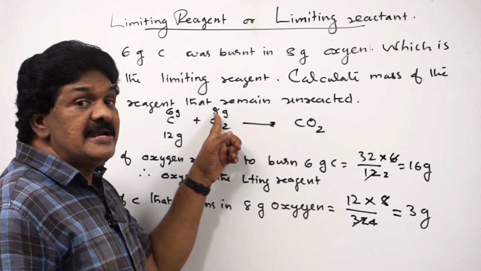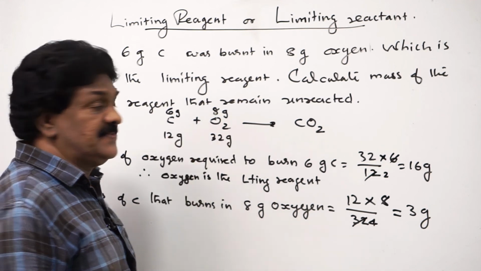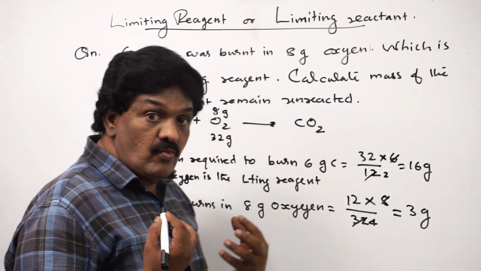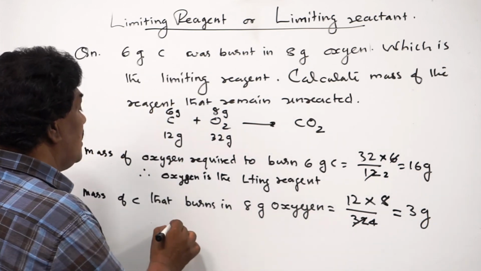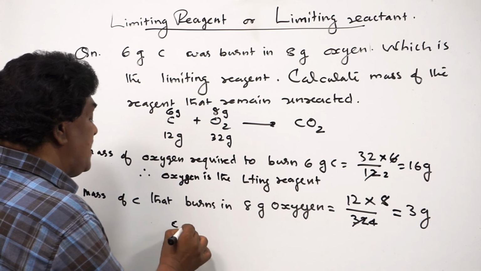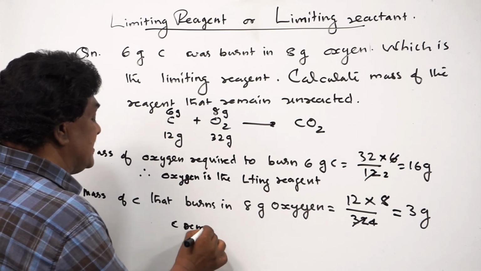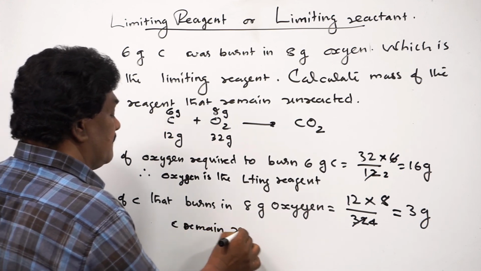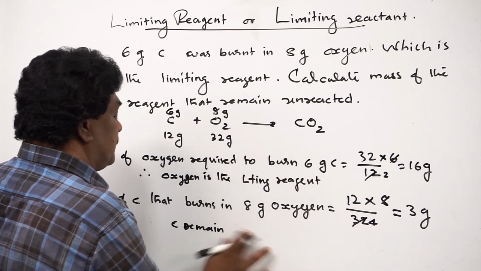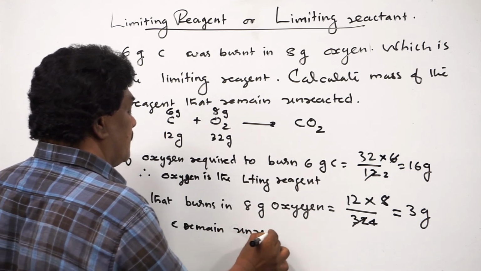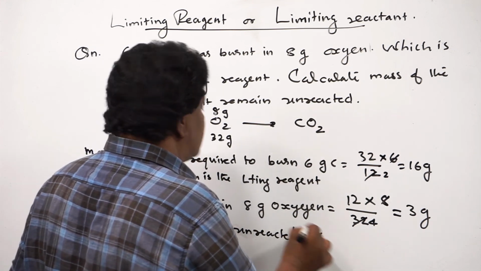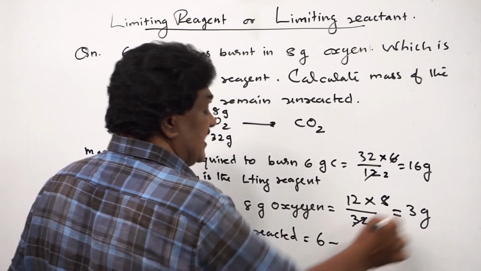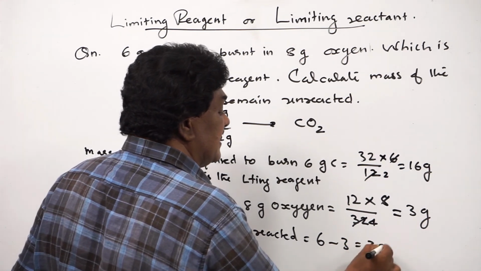Therefore, carbon remains unreacted. How much carbon remains unreacted? Six minus 3, that is 3 grams.